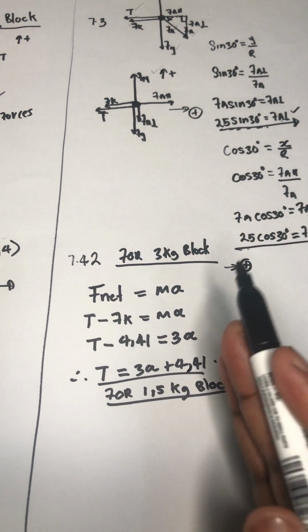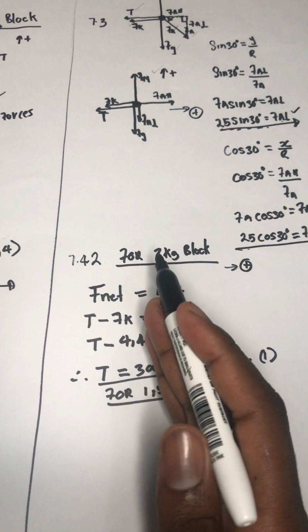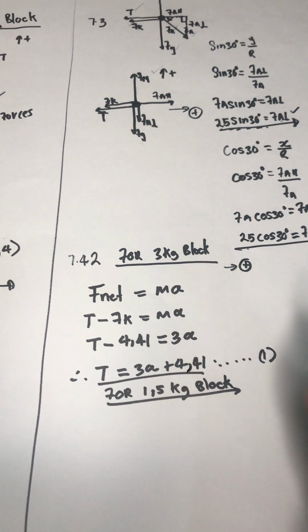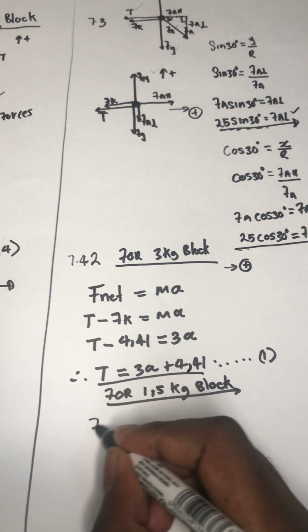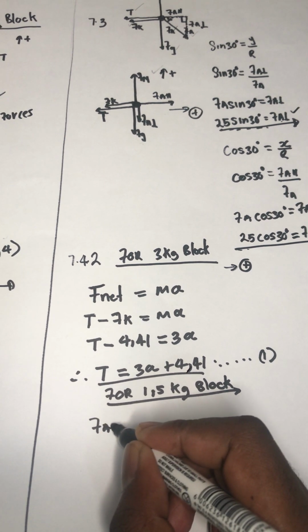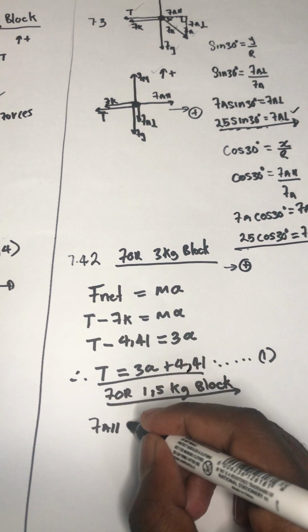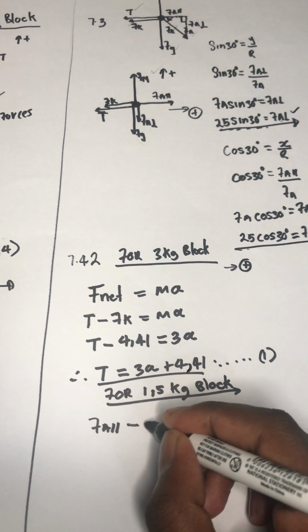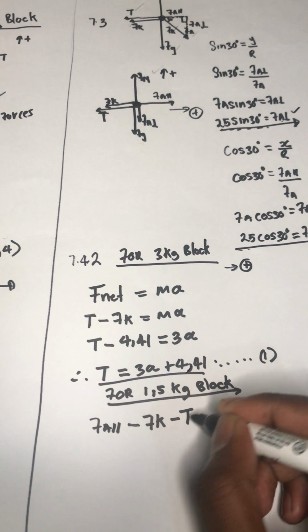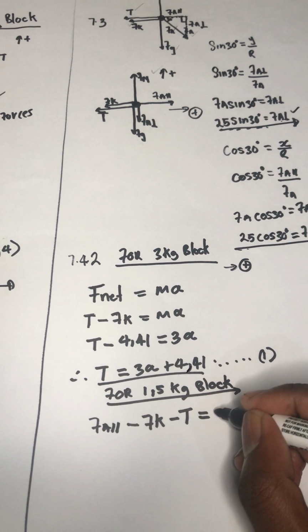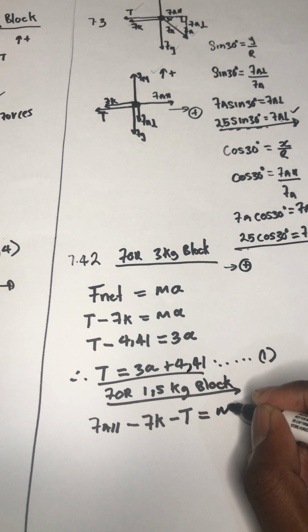Remember, the direction of motion for both objects is the same. So we have F_A parallel minus friction minus tension is equal to ma.